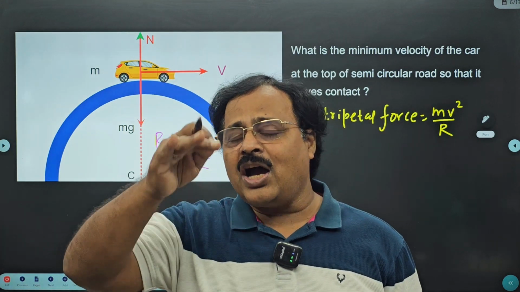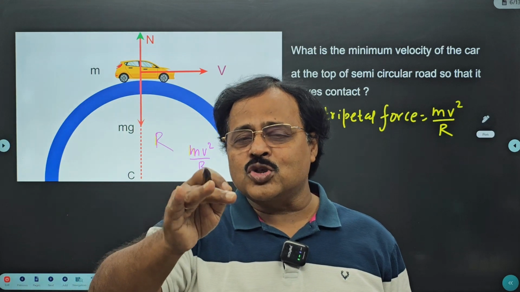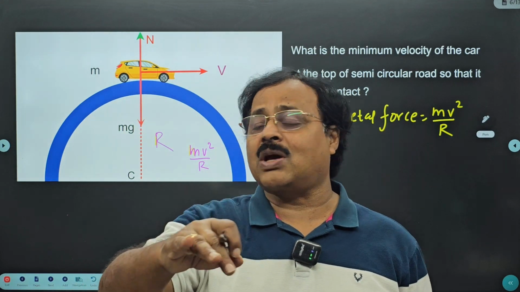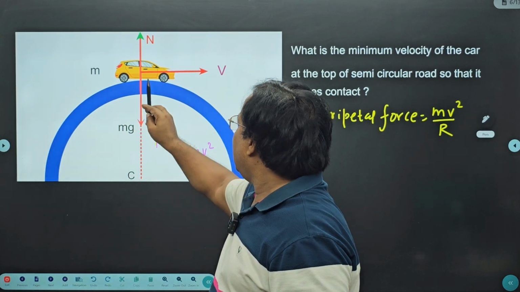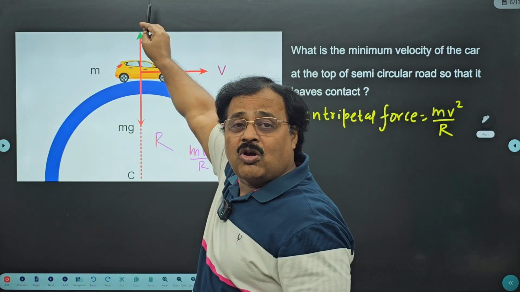Okay, my dear students, now you tell me what is the force which is going toward the center of the circular path, which is equal to mg. mg is toward the center of the circular path and the normal reaction is in the vertically upward direction.